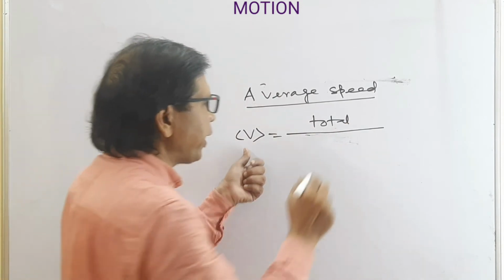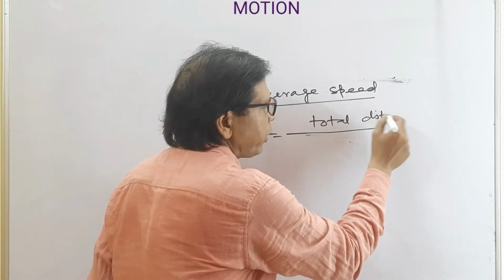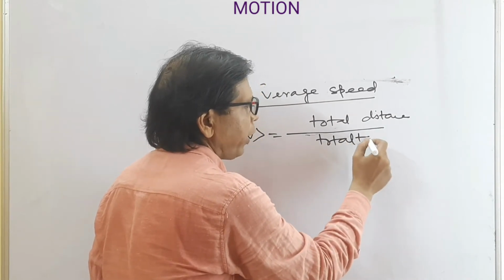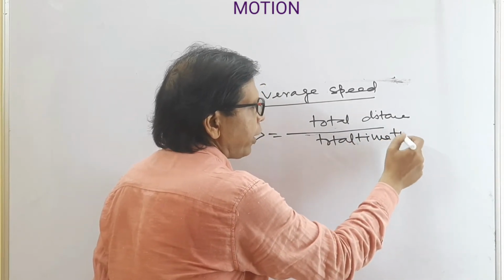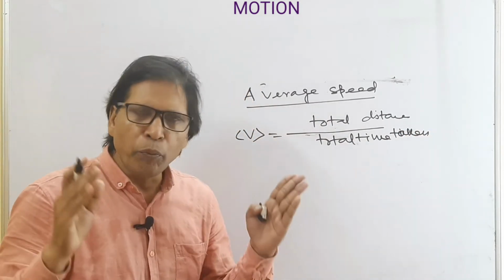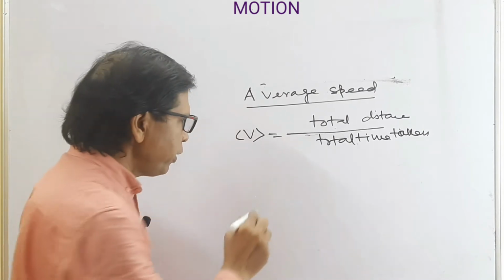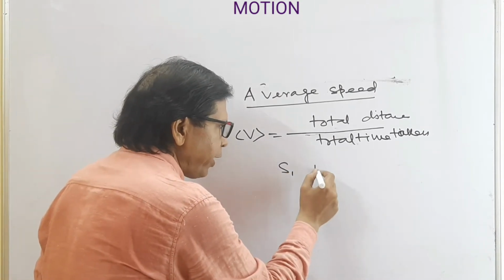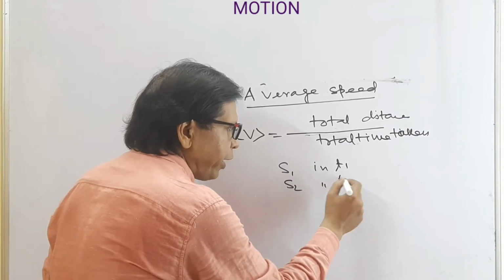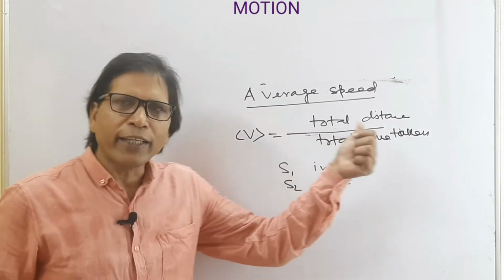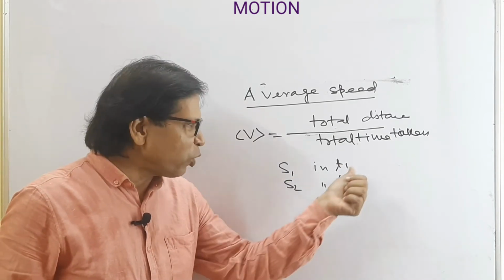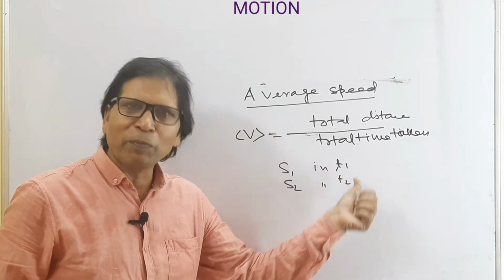Now average speed equal to total distance divided by total time taken. Okay. Now look at this. A moving particle moves s1 distance in time t1, s2 distance in time t2. So what is the total distance? This plus this. What is the total time taken? This plus this.